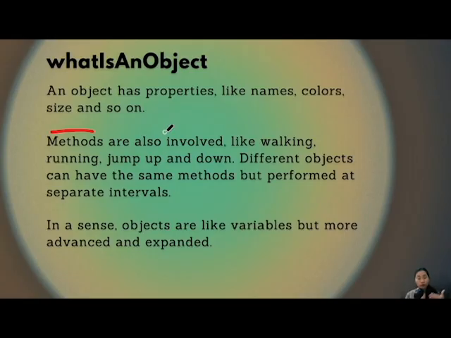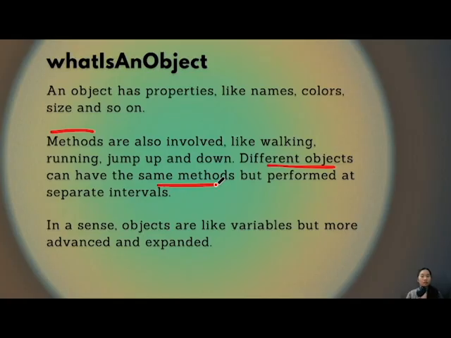You don't have to manually assign everything if you don't know the value of a property, let's say. Different objects can have the same methods, but perform at separate intervals. In real life, this would be maybe you have two friends and they love hiking, but the first one loves hiking in the morning, and the second one loves hiking at night, right?